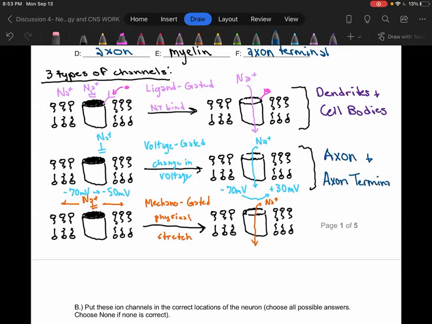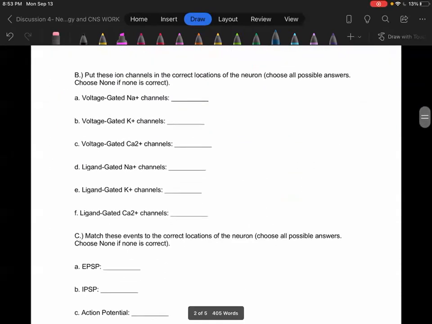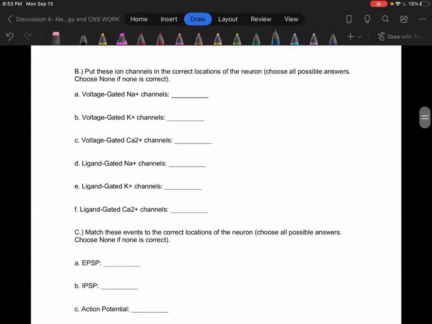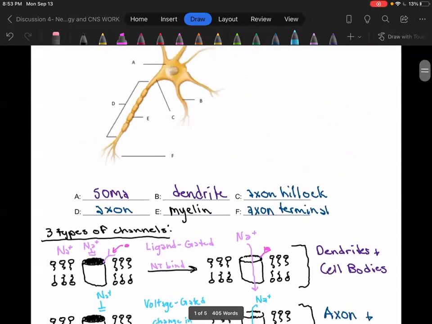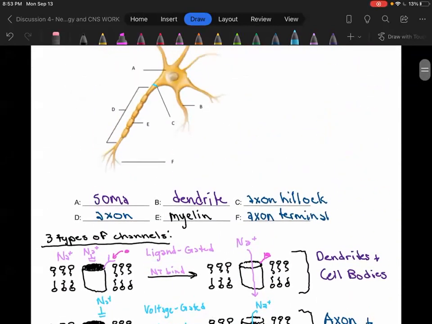All right, awesome. So with that, we can kind of answer some of these questions. If we are looking at where we would see voltage-gated sodium channels, we're going to find those at the axon hillock and the axon.